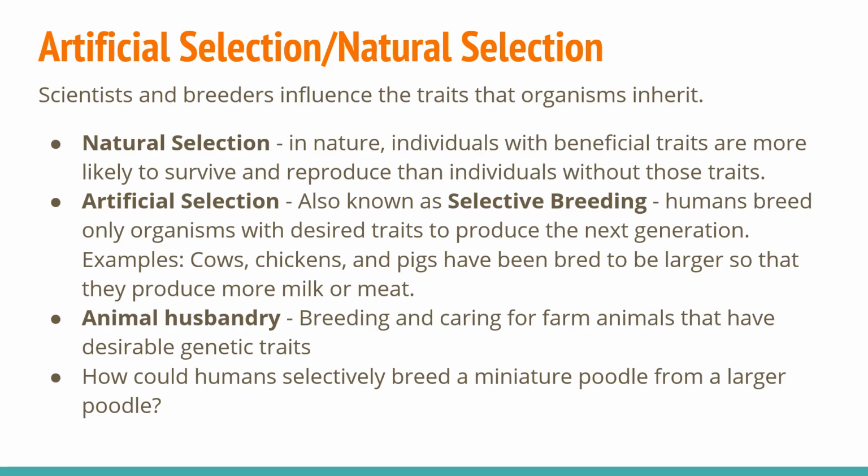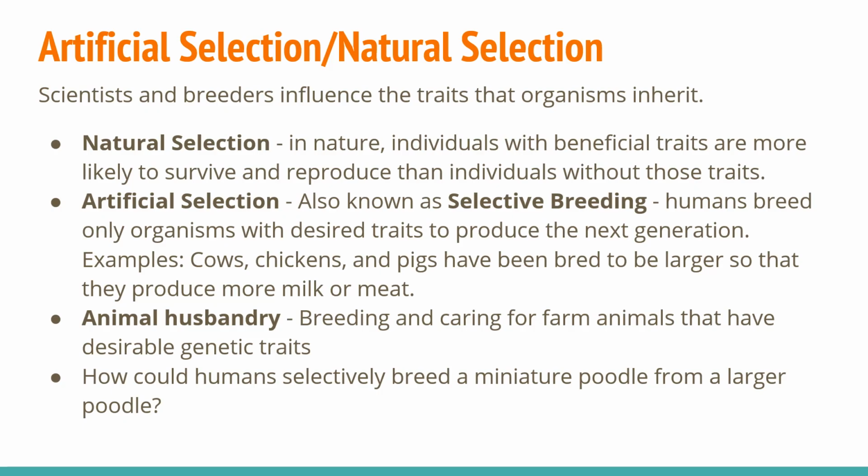Artificial selection, also known as selective breeding, is where humans breed only organisms with desired traits to produce the next generation. Some examples where we do this are cows, chickens, and pigs. In order to get larger selections of poultry and meat, we breed them so that they produce more.